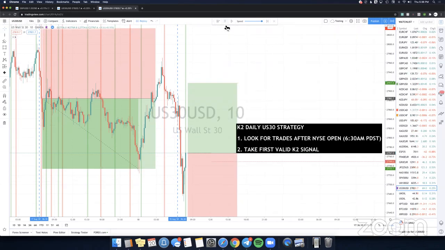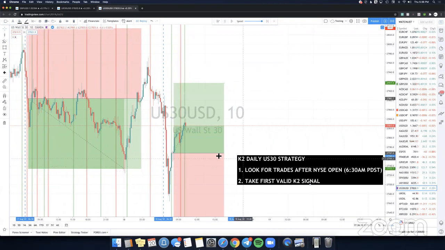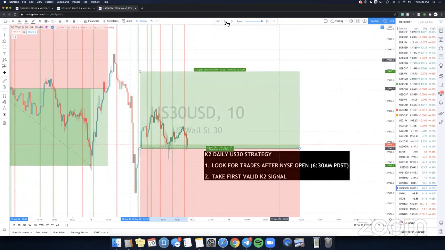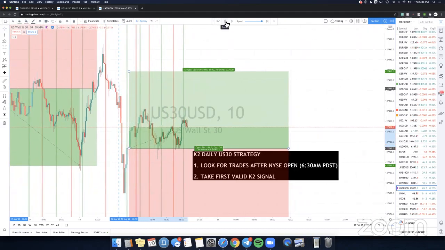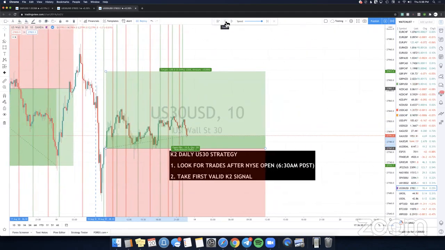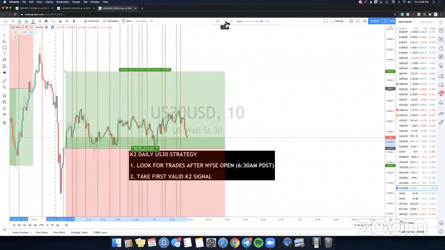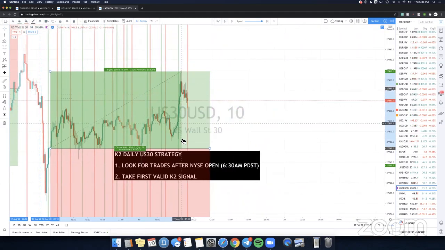Let it run. I think this was the one that took a long time, but there you go. So it hit full TP again.